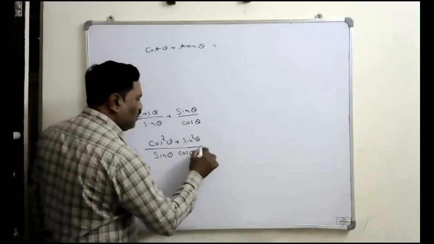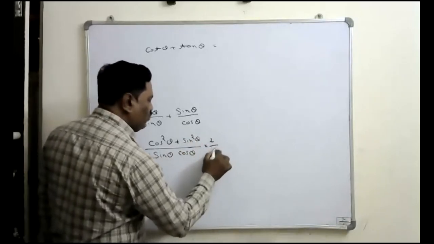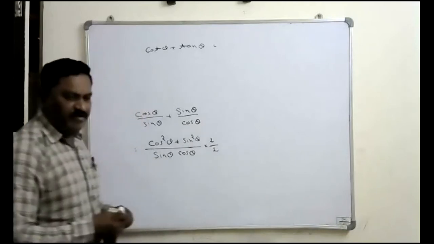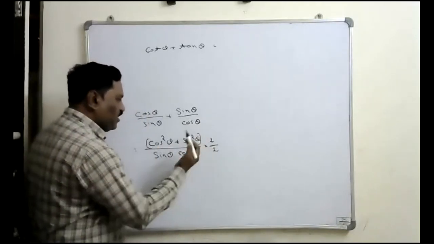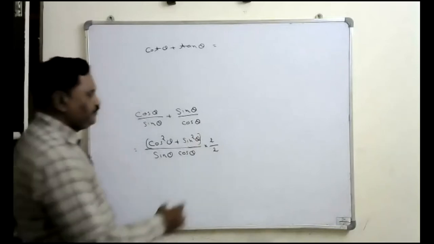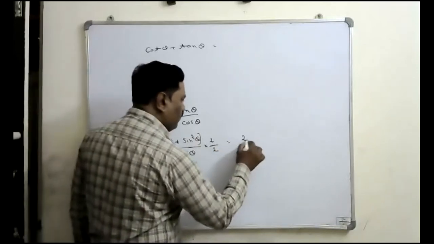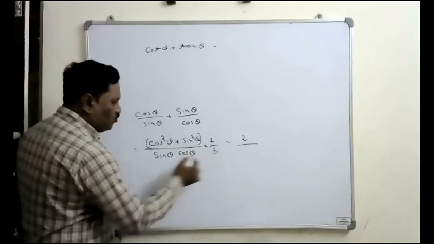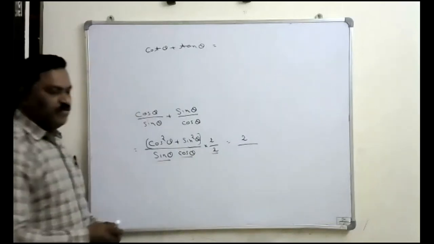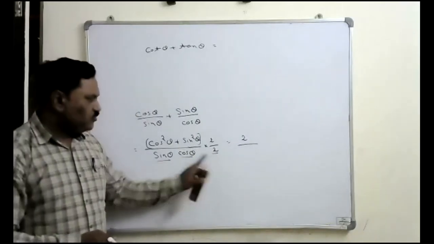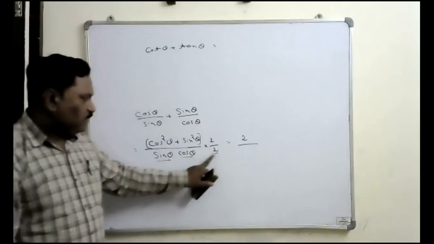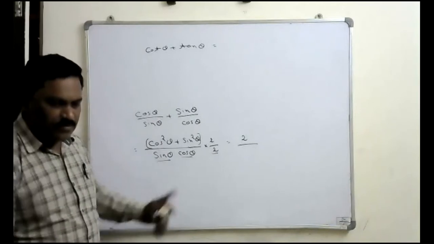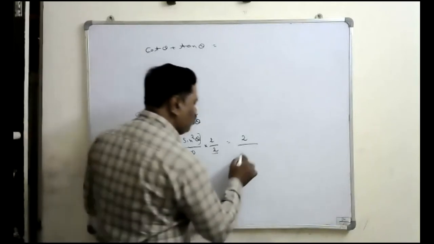Then multiply and divide by 2 here. Then cos square theta plus sin square theta is 1. So the numerator becomes 2, and the denominator 2 sin theta cos theta. What is the formula for it? 2 sin theta cos theta is sin 2 theta.